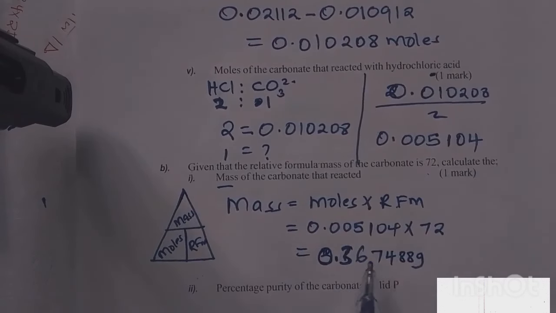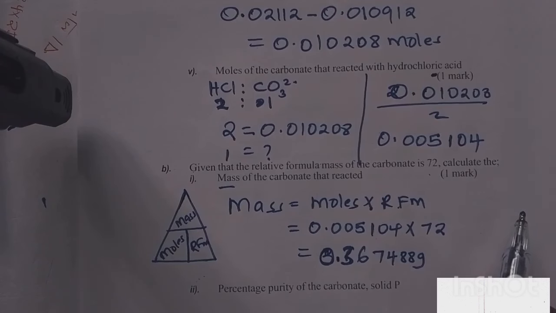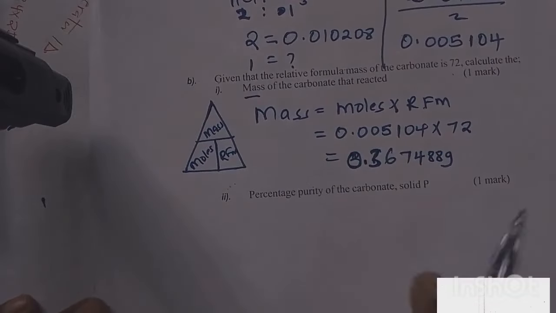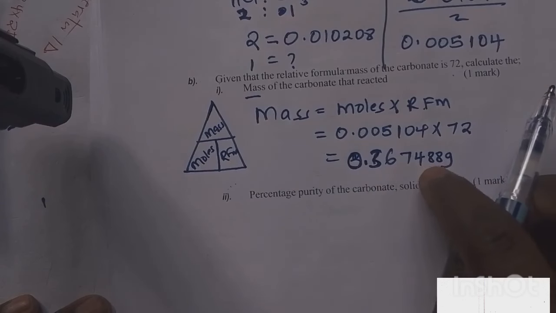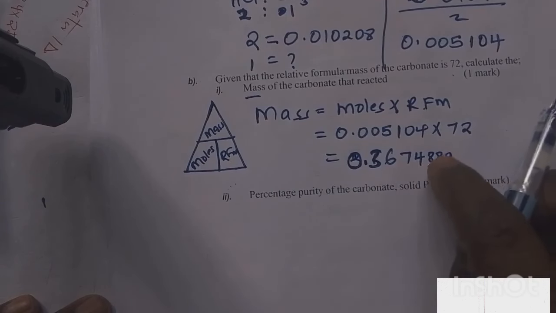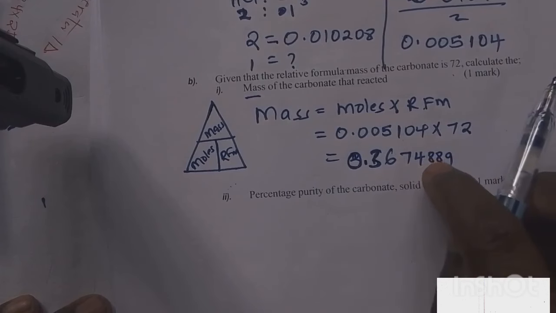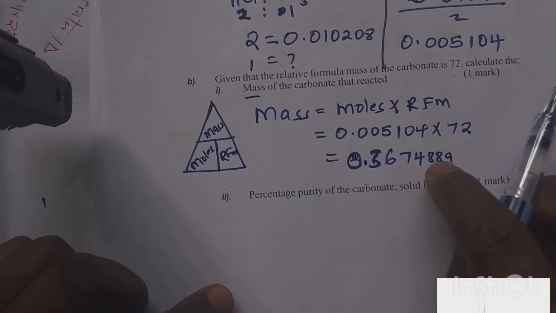But remember, the total mass of the solid P was 0.5. So for the percentage purity, the mass of this is the one that reacted, meaning it was the pure one that reacted with this. The impure one is the remaining 0 point something. But now we want the percentage purity.